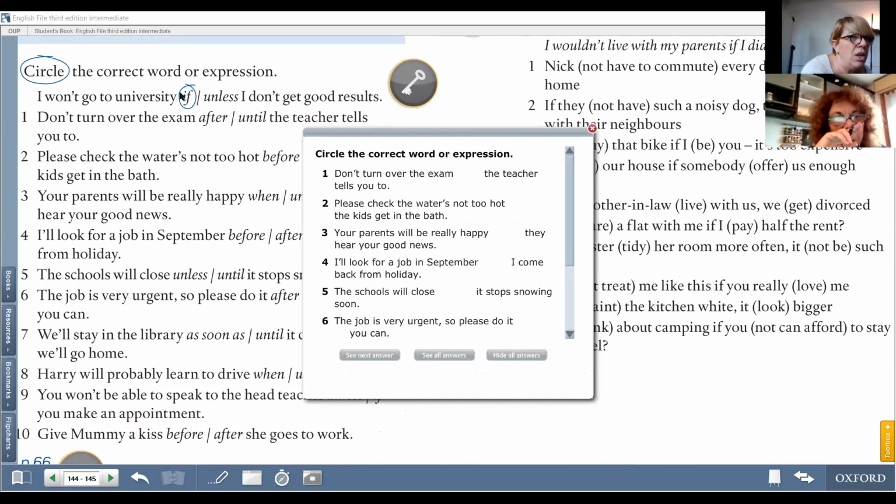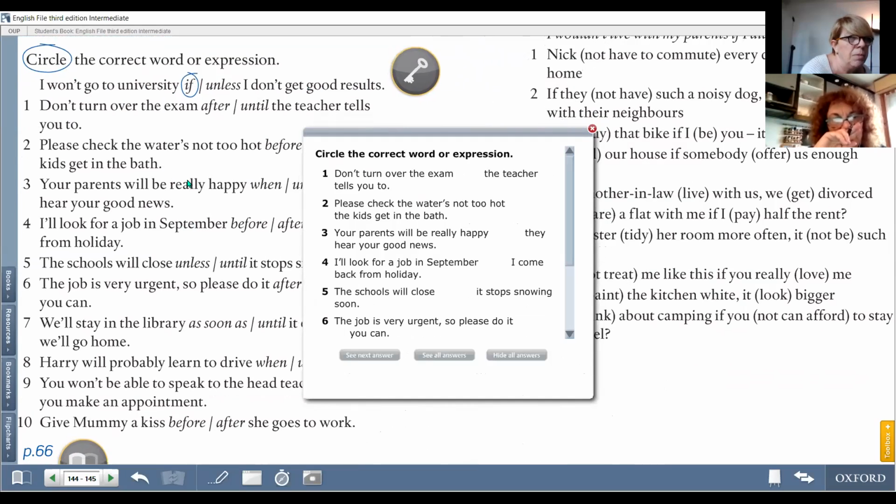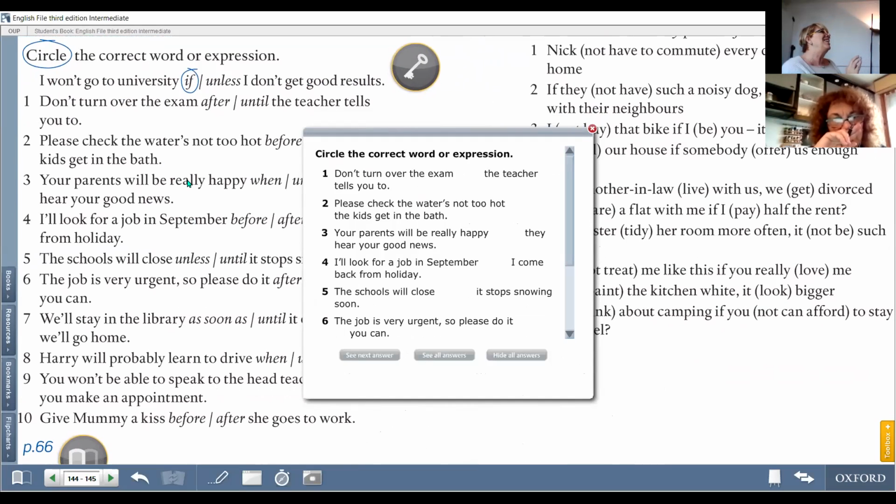Or unless? No, I won't, we got will, so we use if, okay? This is the same exercise as before, but we have a double choice, and it's just the same exercise the other way around. Okay, go on, number 1.